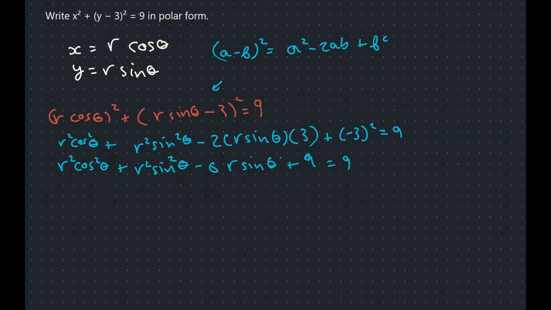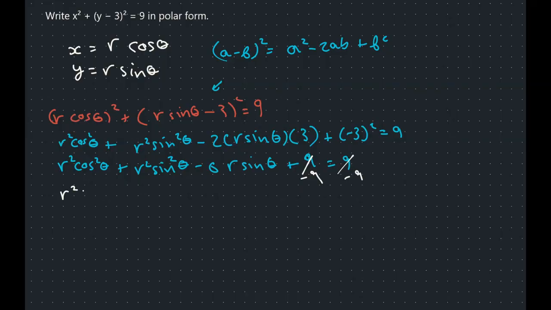And from here, we can cancel the 9's if we subtract 9 from both sides. And then we can see this beautiful identity again. Cosine squared plus sine squared, and we know its result, 1. Therefore, we want to isolate them. We want them to be alone. Therefore, I will rewrite it again so you can visualize it more.